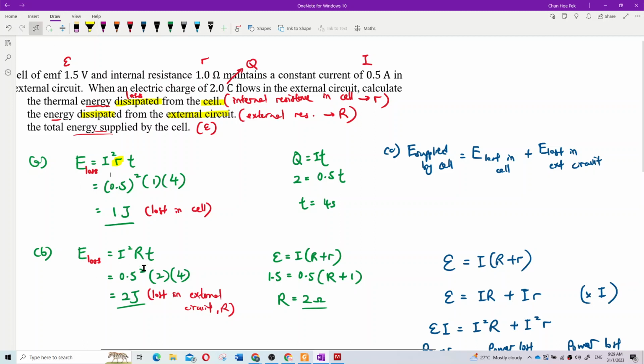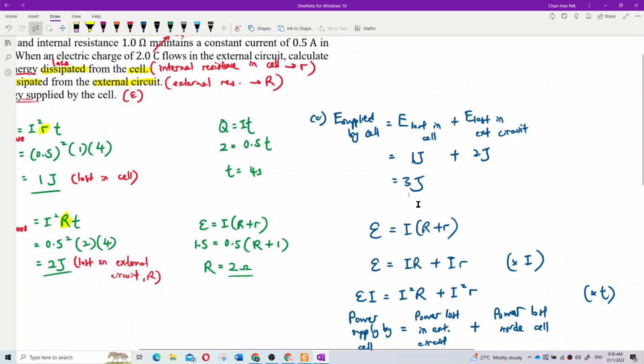Energy loss in the external resistance is 2 joule. So how much energy is supplied by the battery, class? 3 joule. 1 joule is lost inside the battery and 2 joule is lost outside, so it's 3 joule. Yeah, that's the answer.